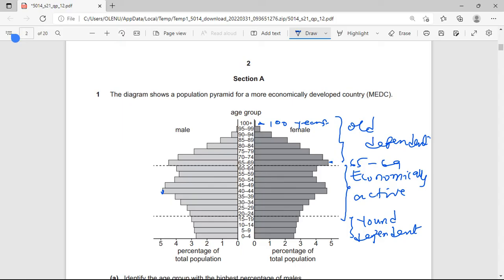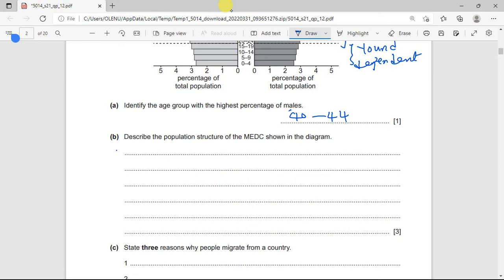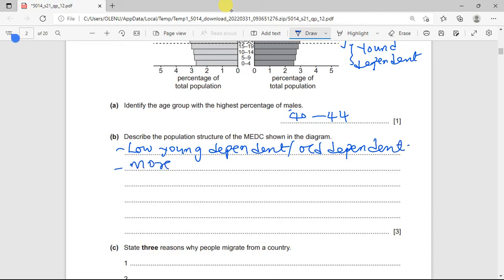There are many economically active people. So here what I'm going to write is, they have low young dependent and old dependent. You find out that they have more economically active people.